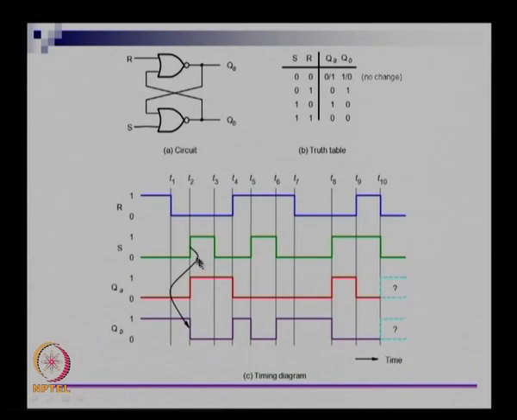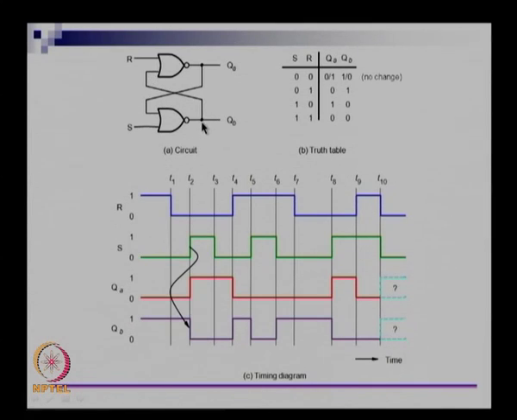It is shown as though it is instantaneous here, as in at time T2 itself, S changing from 0 to 1 immediately, or simultaneously, changes QB from 1 to 0. Usually it is not instantaneous, it requires a little bit of delay, but let us not worry about that right now. Let us assume that it is instantaneous for now. So S changing to 1 changes QB to 0, and you see what happens when QB changes to 0.